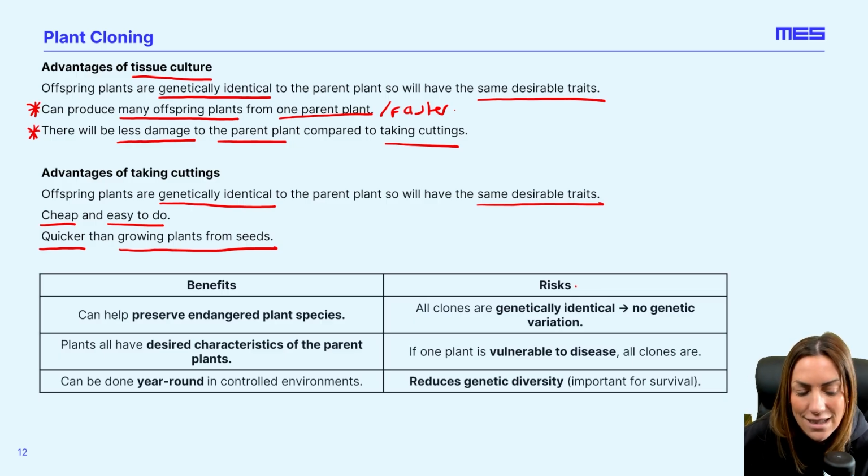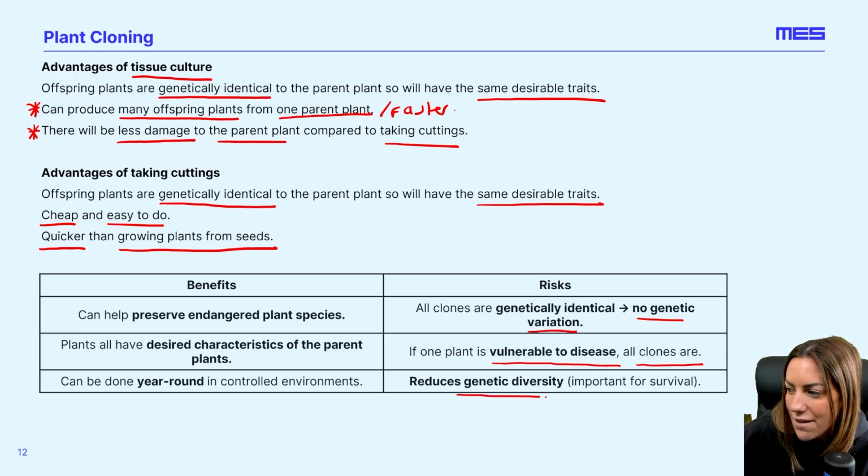In terms of risks, these apply to both methods. All the clones will be genetically identical to the parent plant, no genetic variation, which does make them more vulnerable to disease. Because if the parent plant was more vulnerable to disease, all the clones will also be more vulnerable to disease, so they could potentially all be killed by a particular disease. It reduces genetic diversity.